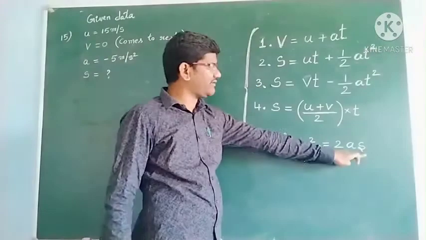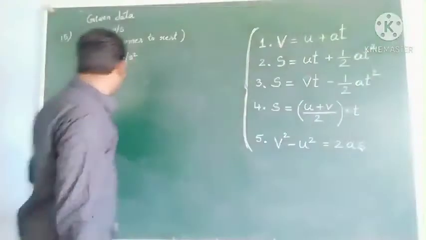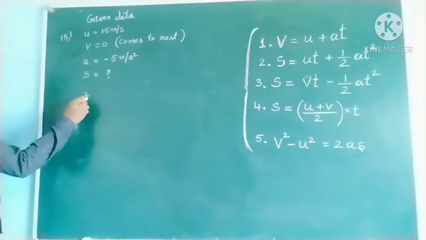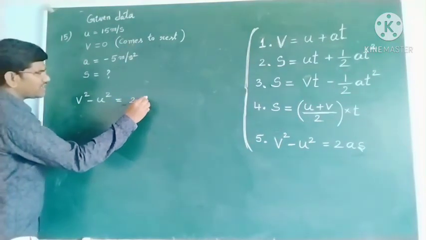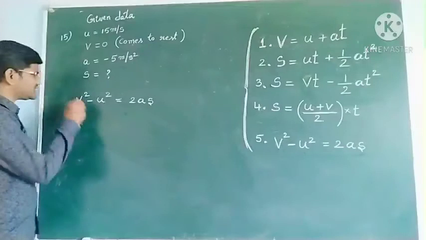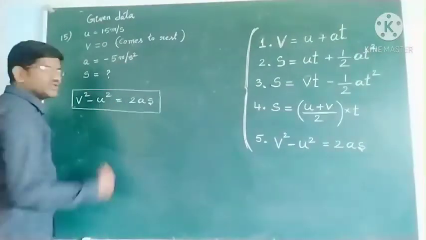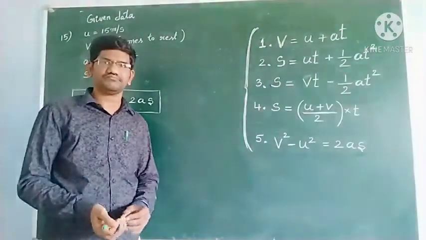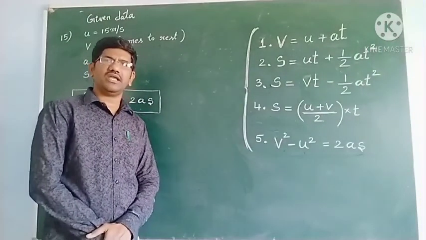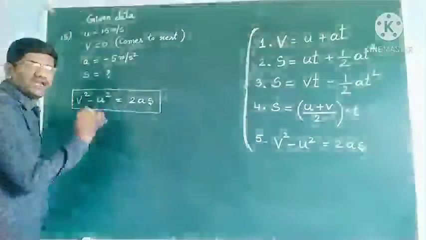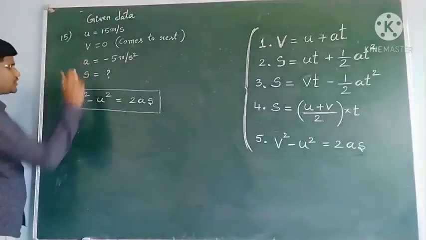This is the displacement equation without any time term: v square minus u square is equal to 2as. Select this equation, because time is not known for us.